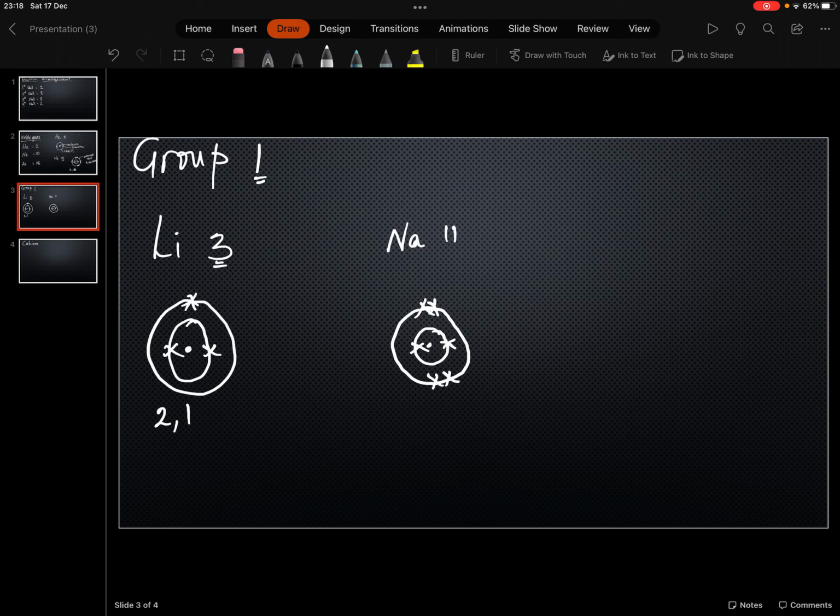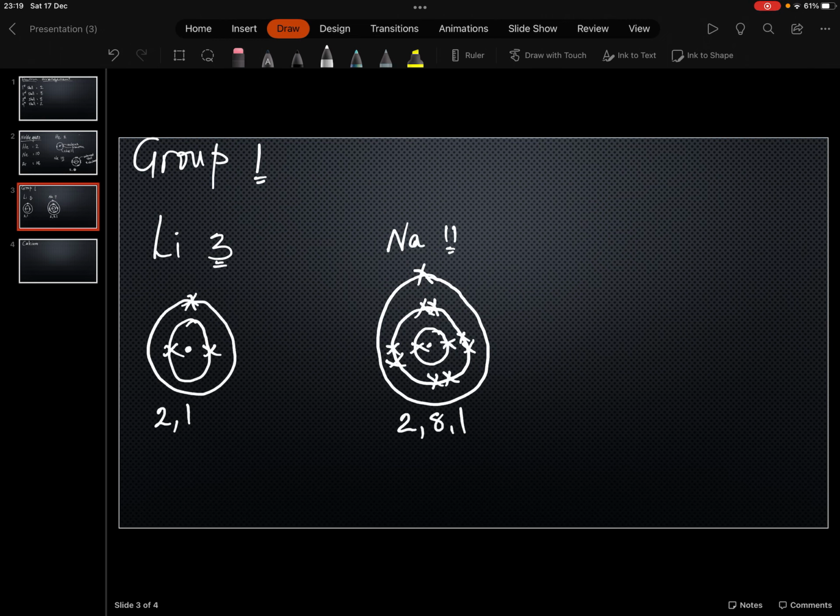Second shell will have a maximum of 8, and then on the third shell, just like lithium, it's got 1 electron. So the electronic structure is 2, 8, 1. You add them up, you get 11.